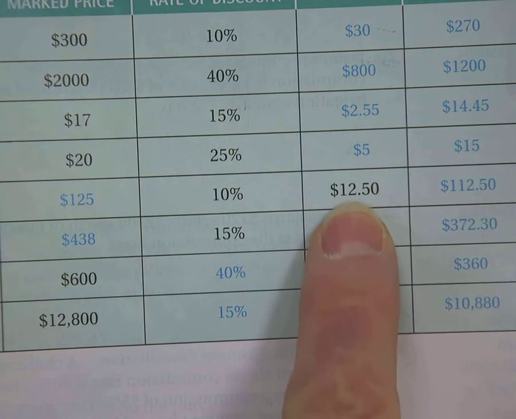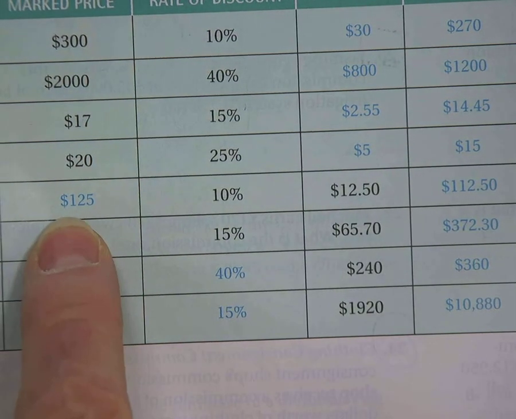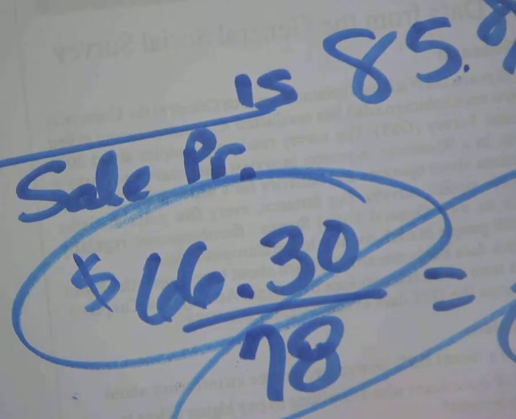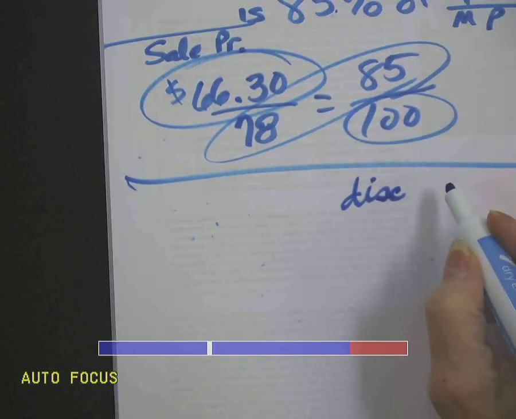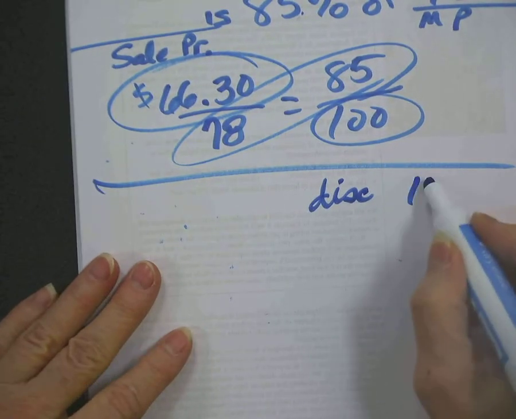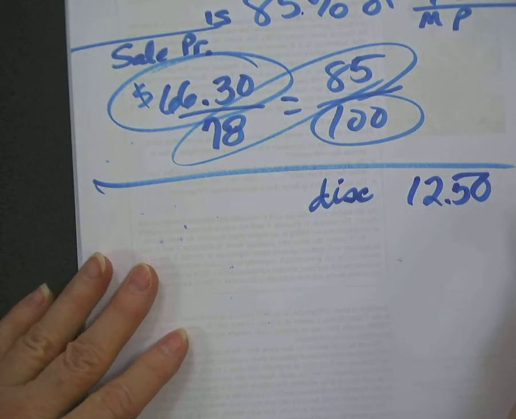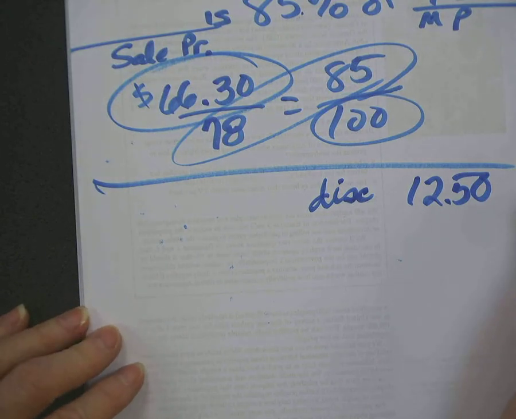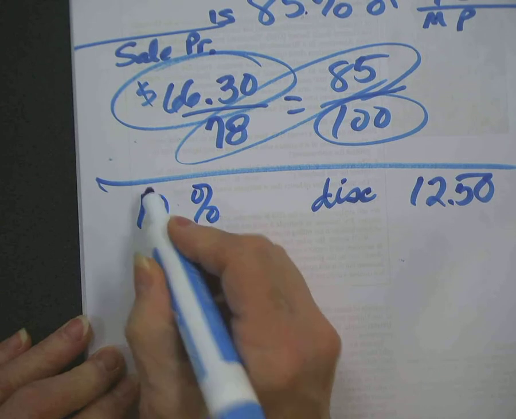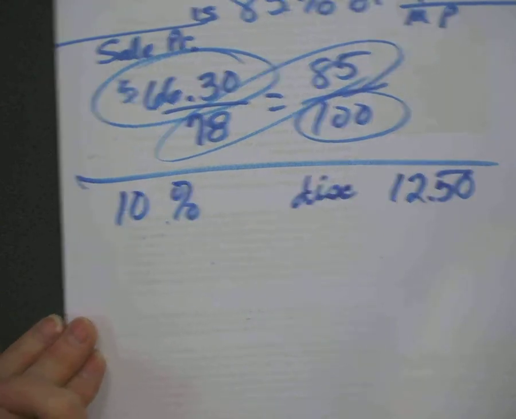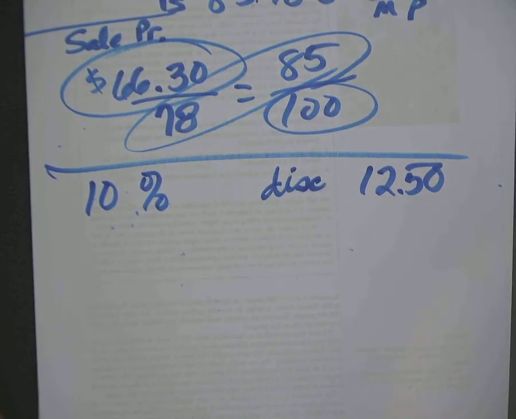Okay, what if you know the discount, but you don't know the mark price? Let's do one of those. Let's say the discount, the one that it showed you there, was $12.50, and it says that the rate, the percent, was 10%. If that's the discount, what was your marked price?